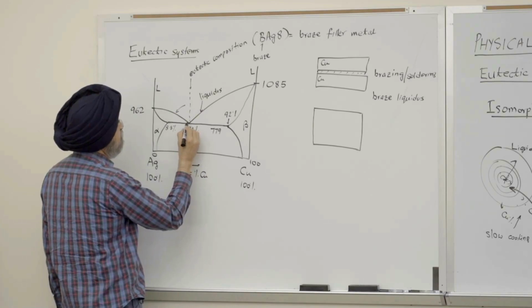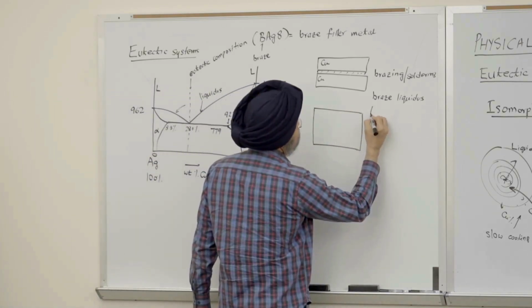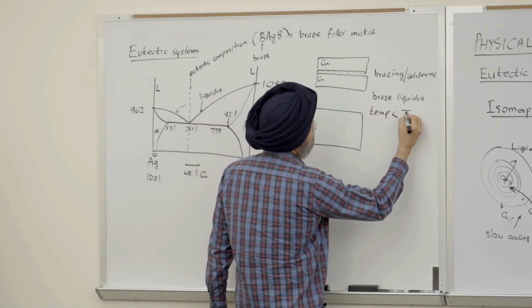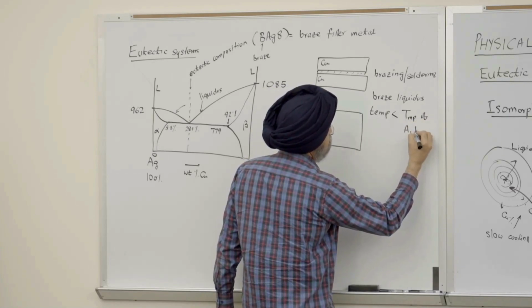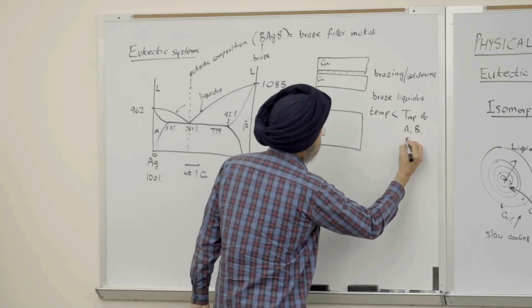So this is the liquidus point for this braze. So braze liquidus temperature should be less than the melting point of the 2 alloys you're joining, say A and B. In this case, we are joining copper, right?